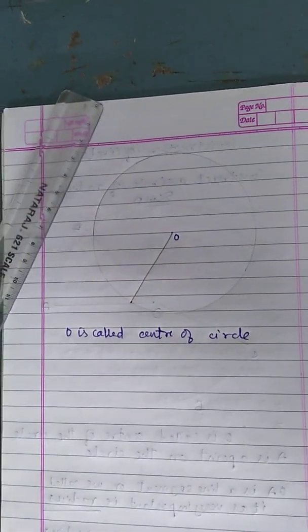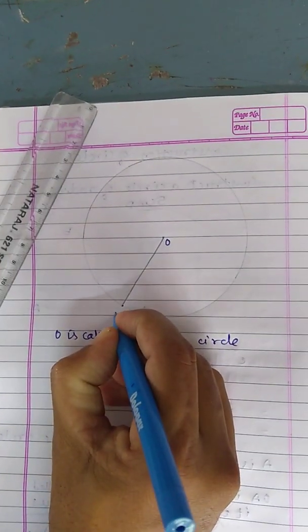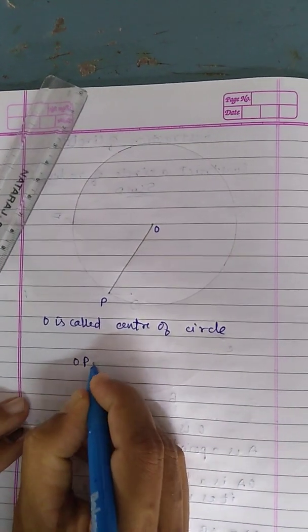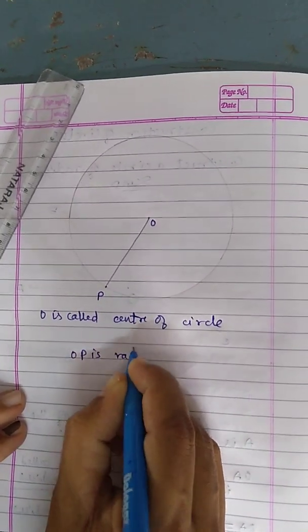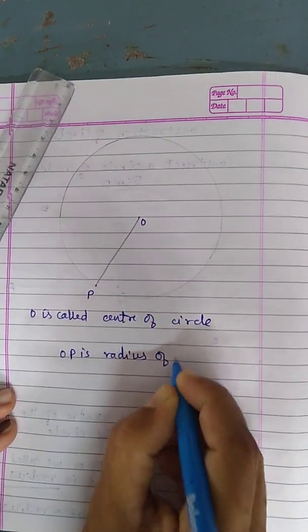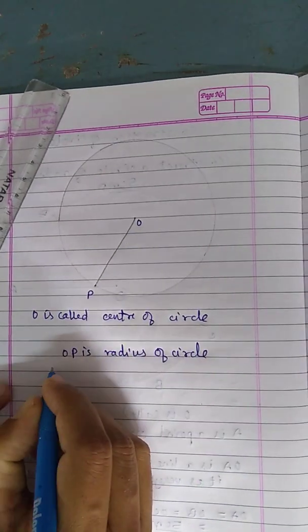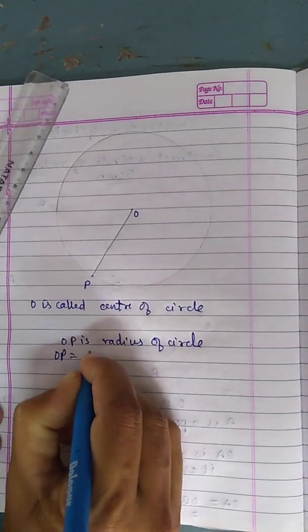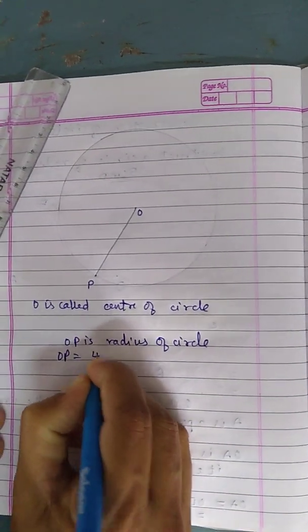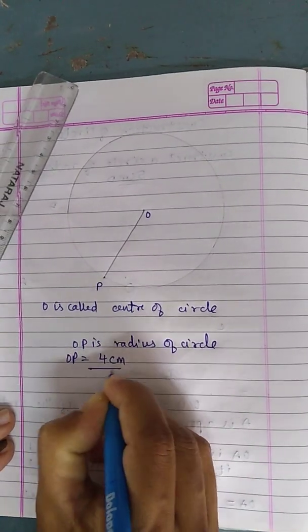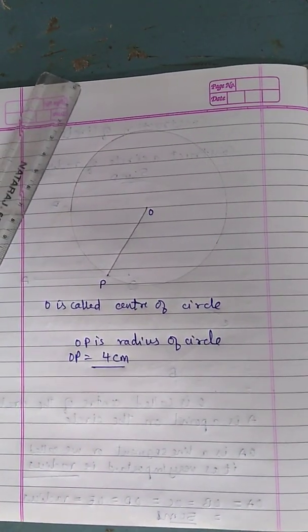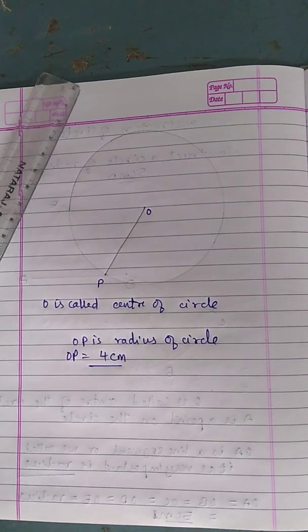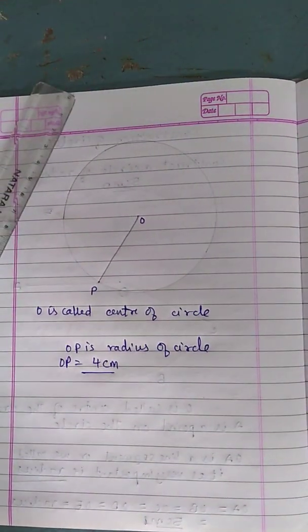Let me name it P. So what is OP? OP is a radius of the circle. How much is the OP radius? How much have I taken? 4 centimeters. So this is how, children, we can construct circles of different radii. Thank you, children.